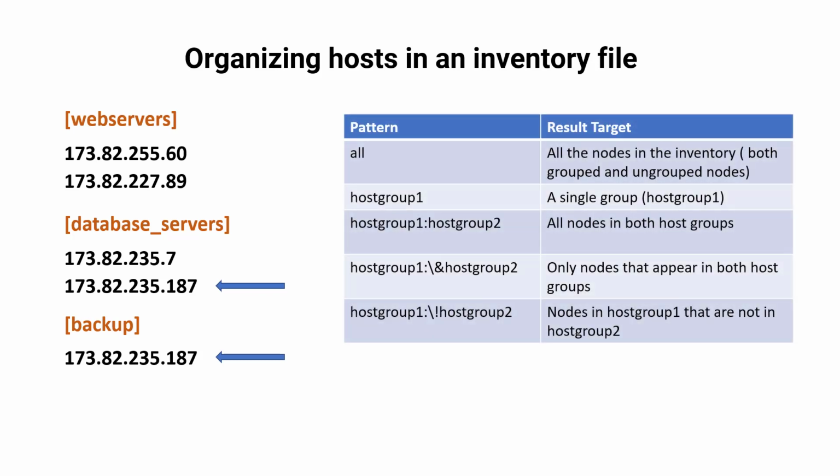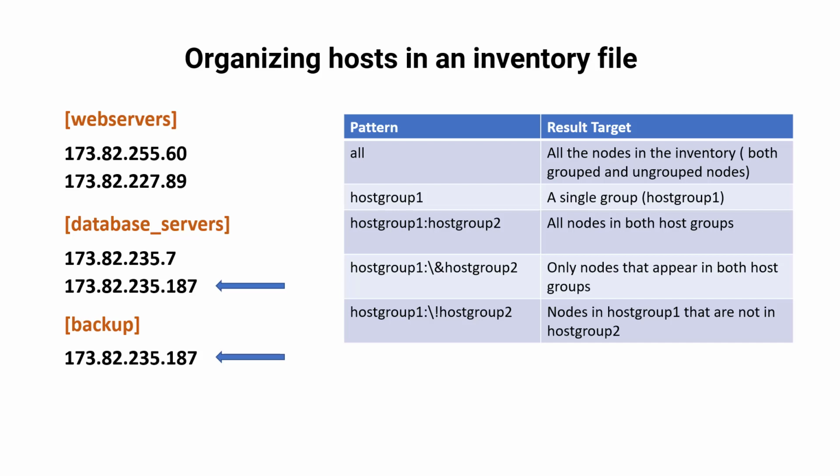Okay, now here is a cheat sheet of how you can target the hosts inside an inventory file, and we have so far looked at the all pattern, which targets all the nodes inside the inventory, whether they are grouped or not. Okay, then we can also target the hosts that belong to a specific host group. Okay, instead of targeting all the host groups, you can just target all the hosts that belong to a specific host group.